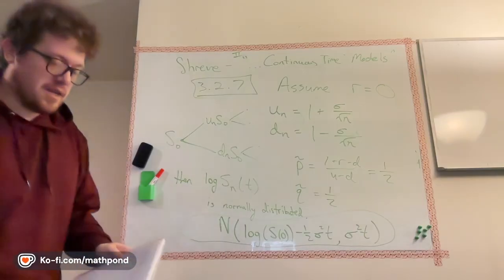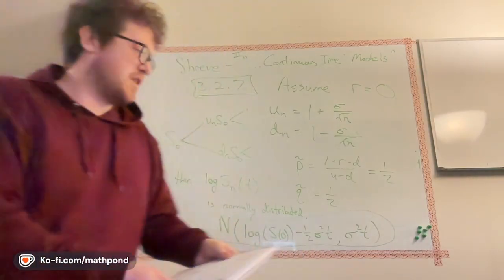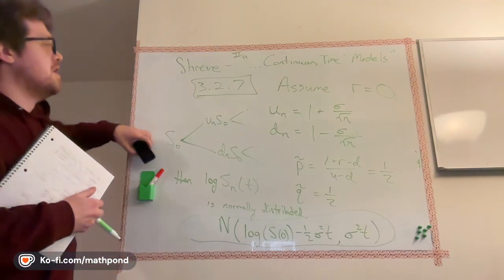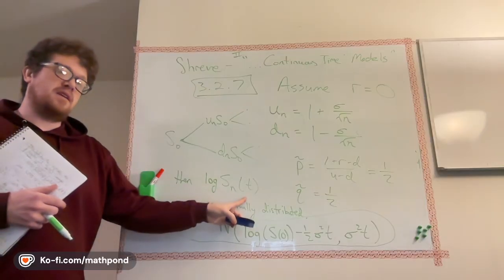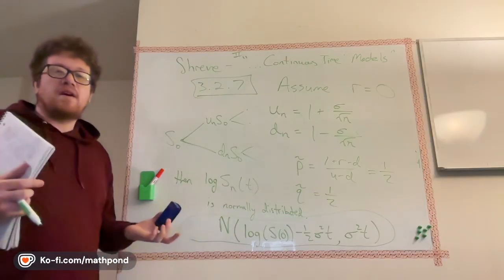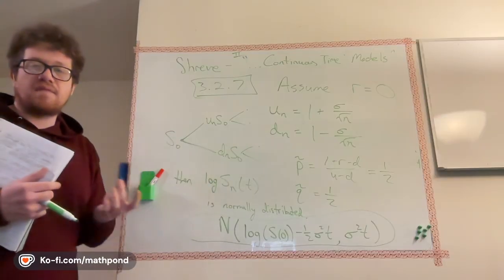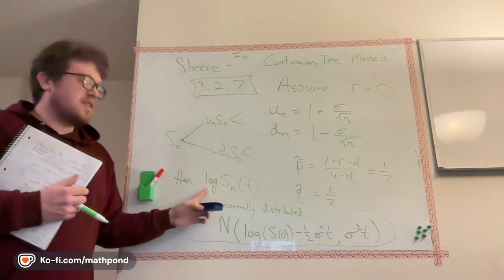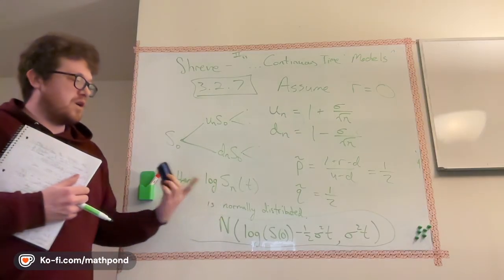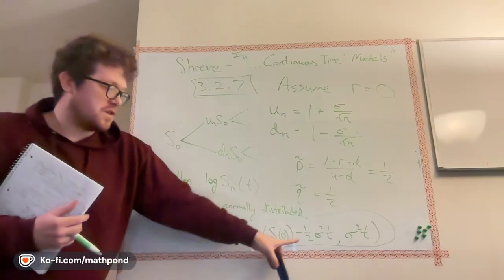So let's look at the two distributions and their shapes as well. We have Sn of t and we have the log of Sn of t. They're both random variables, obviously related, one is the log of the other. But because of Jensen's inequality, this log will change our mean. It actually lowers the mean.